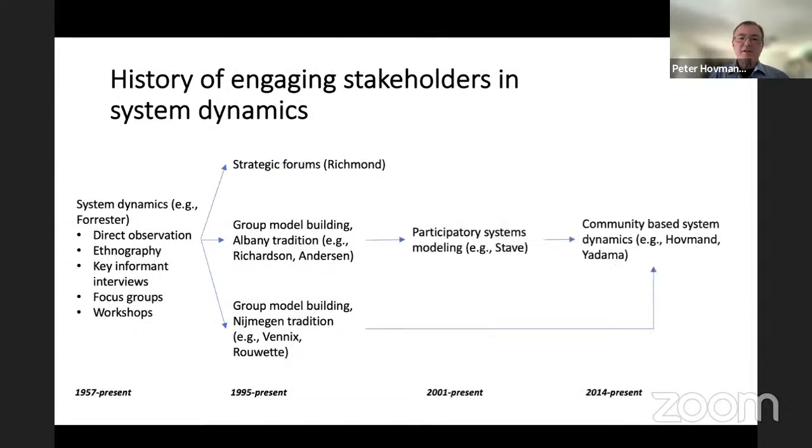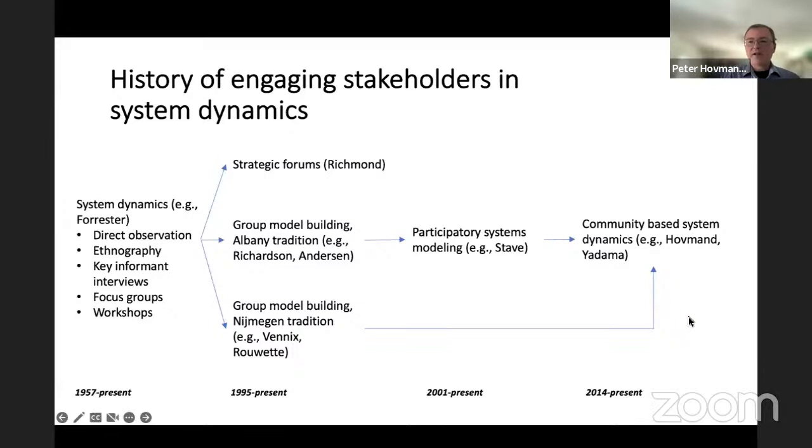From there, Chris Stave did a lot of work in environmental systems and continues to do so. She would draw a distinction between group model building and participatory systems modeling, in part because the group model building tradition out of Albany is focused on a project and always building a simulation model to support decision-making, whereas the work that Chris would describe often involved a workshop, but it might be more conceptualizing a system, and then in a later stage involve building a simulation model.